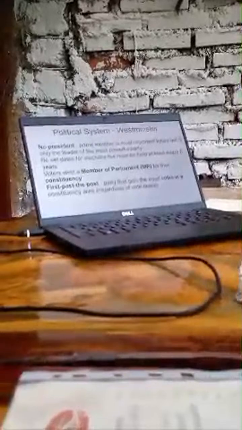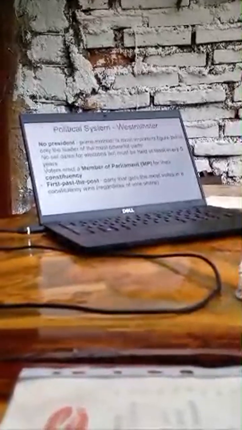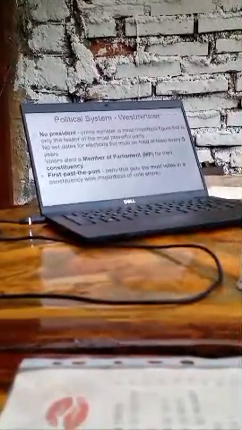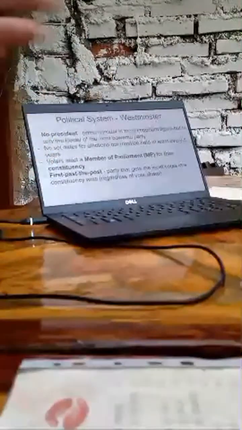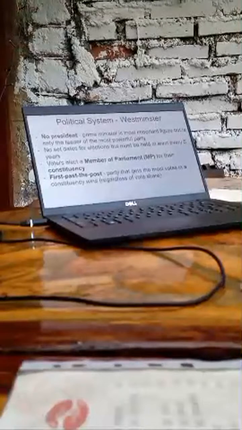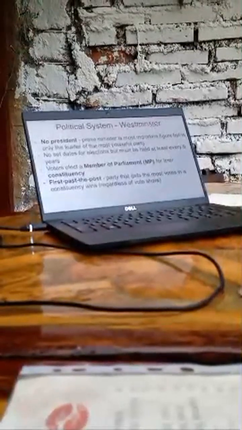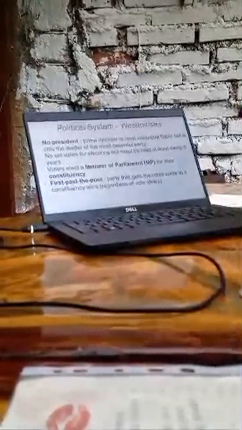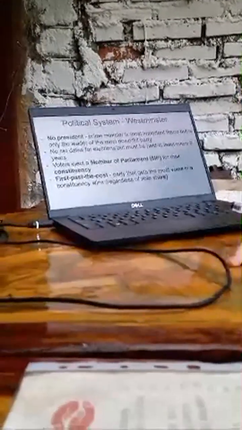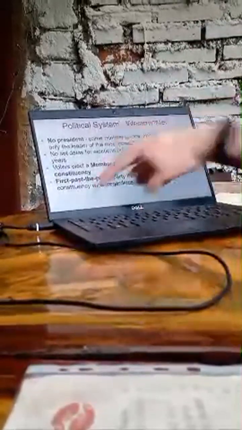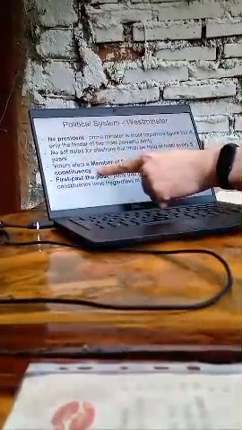For example, here in Colombia, the people vote for each person, right? In the UK, the people vote for each person too. You vote for a person, a member of parliament, and members of parliament represent a constituency.